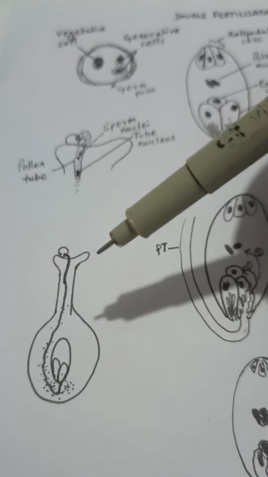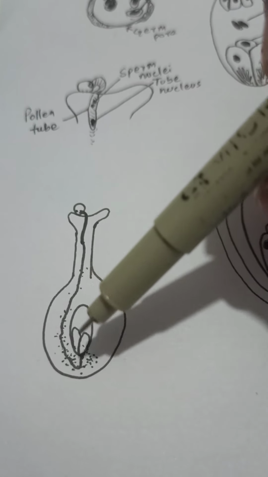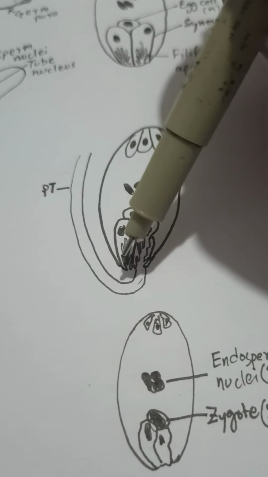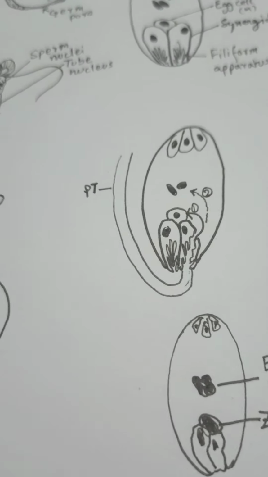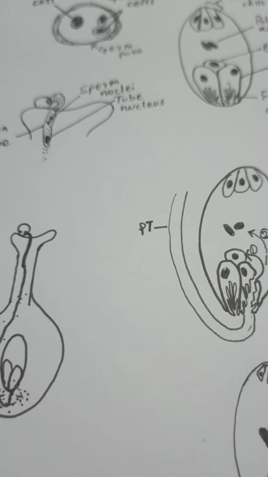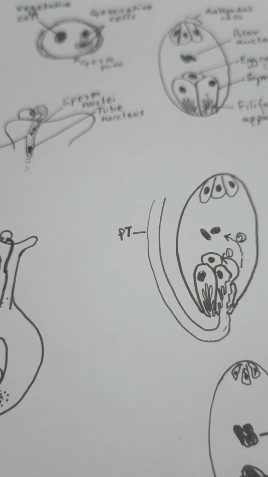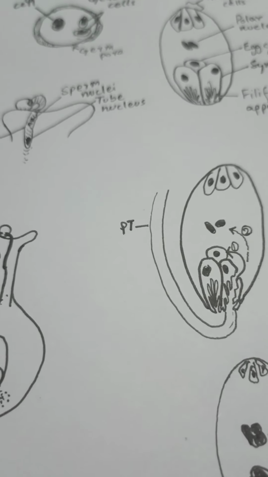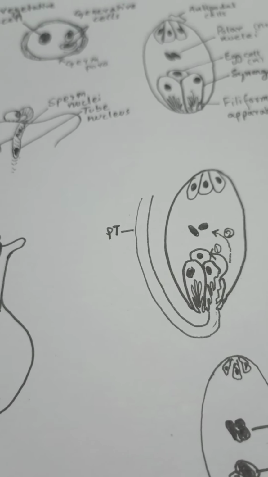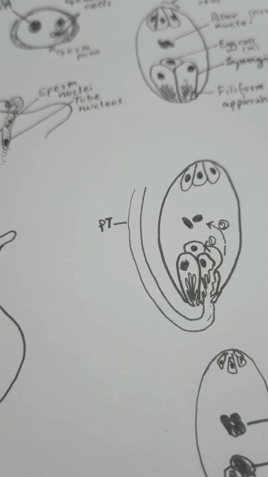This is how it enters. The pollen tube germinates, runs down through the entire style, then enters the ovule right from this particular region, because it is this one which is directing it, and it is a complete chemotropic type of movement, because it is always directed towards the source of that chemical. So the pollen tube travels down in that direction and enters through the filiform apparatus only, and then finally it is able to fertilize, because the filiform apparatus gives a direct passage towards the egg cell.